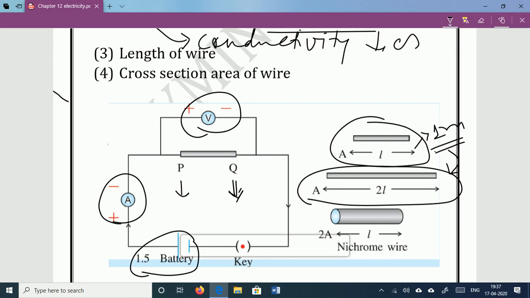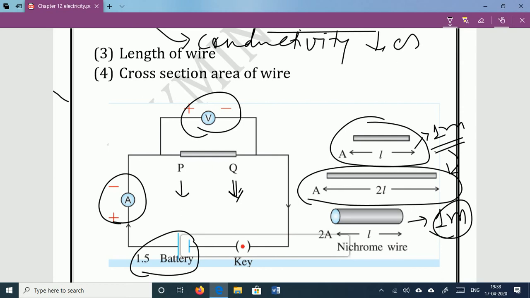Now the second experiment, the second activity that we will do, has the same length L, that is 1 meter. Here I will use the same wire, the same material quality, but I will use a thick wire whose cross-section area is double.